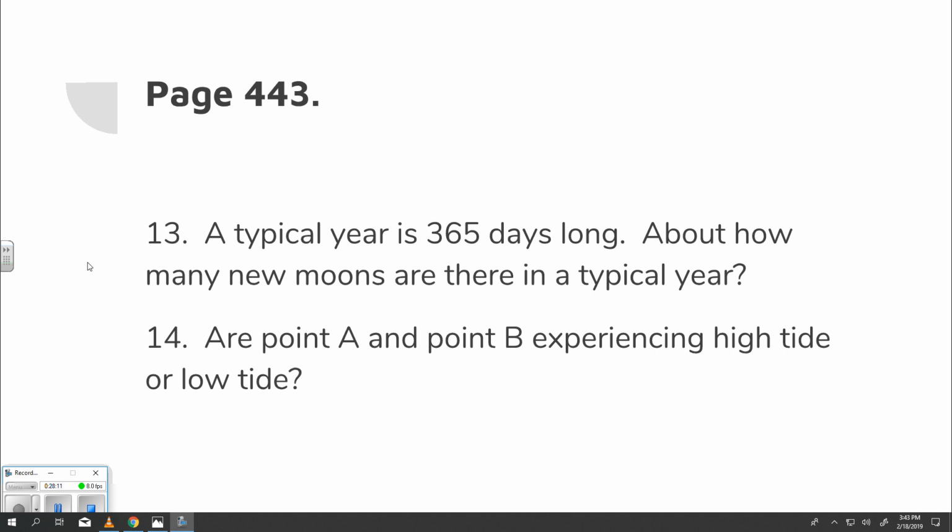A typical year is 365 days long. About how many new moons are there in a typical year?